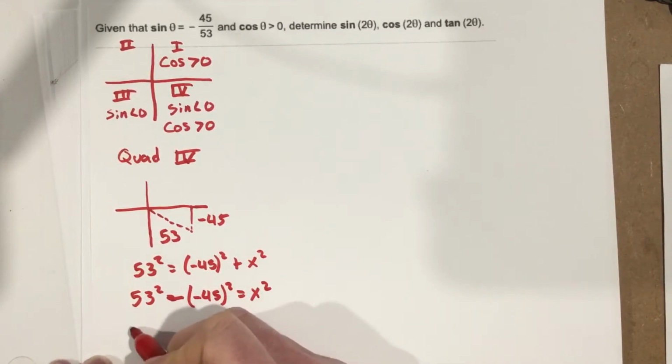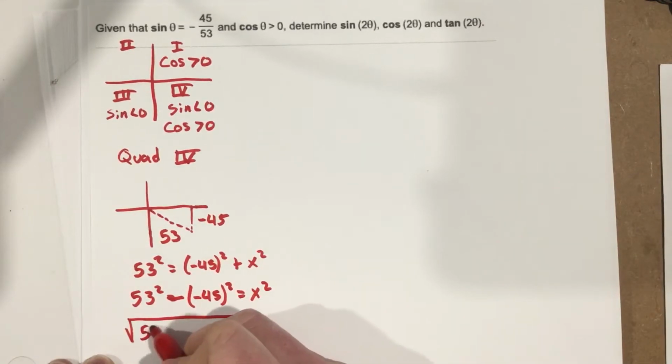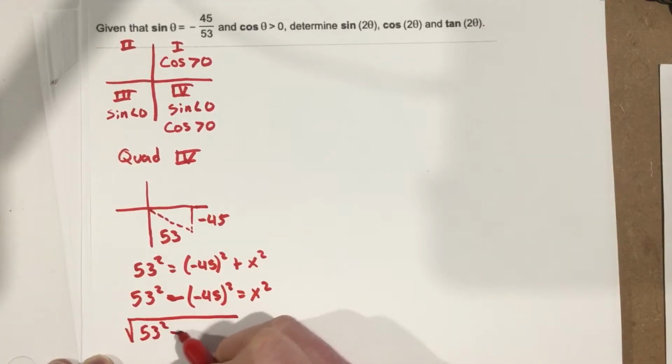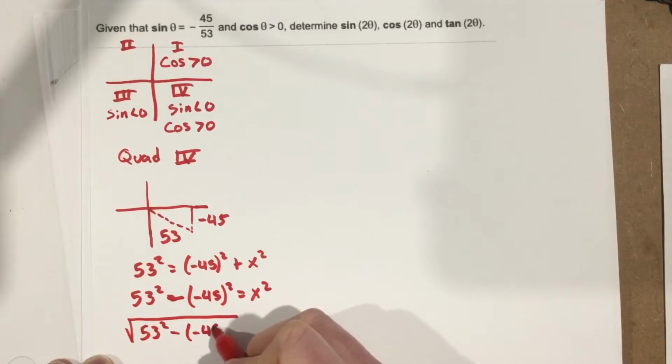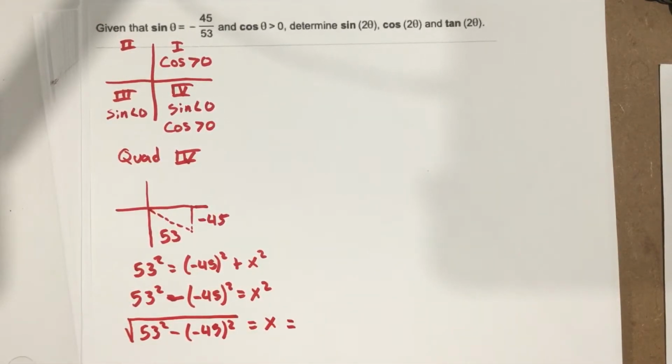Square root it all, and we get the square root of 53 squared minus negative 45 squared. That's what x is going to be. Let's plug that in the calculator and see what we get.